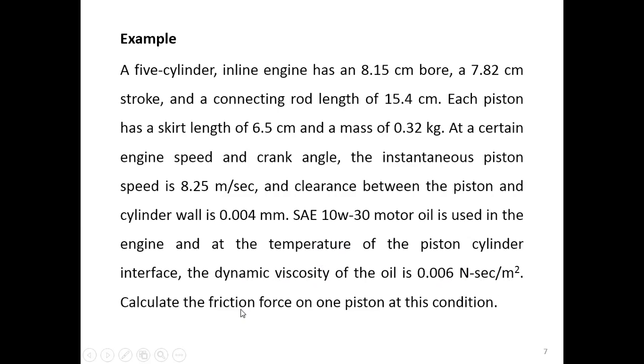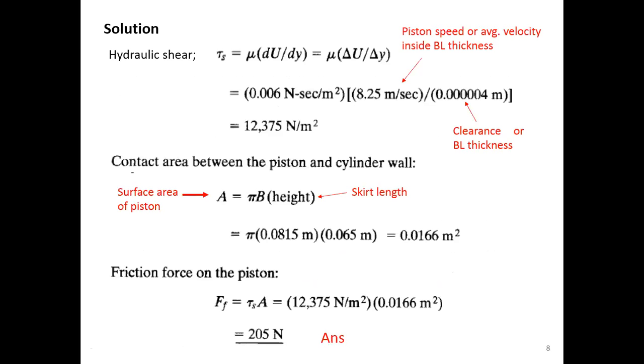Okay, let's calculate the friction force on one piston at these conditions. So we have the piston moving inside the cylinder, and we have the clearance area between the surface of the piston and the surface of the cylinder. And this clearance area is filled up with the lubrication oil.